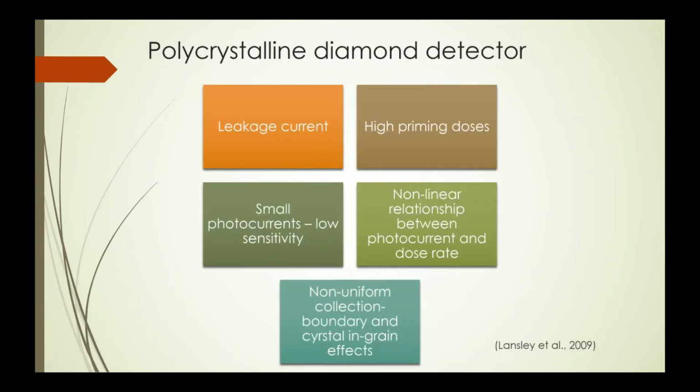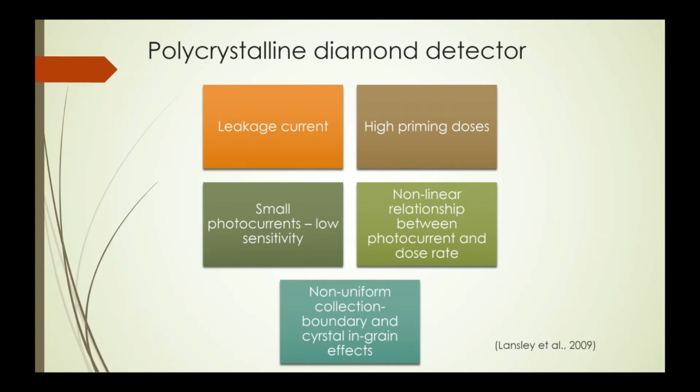The early type of CVD diamond detector was the polycrystalline CVD diamond detector. The polycrystalline diamond detector has its crystals in different sizes and orientations, and this causes the polycrystalline CVD diamond detector to have some unfavorable characteristics.